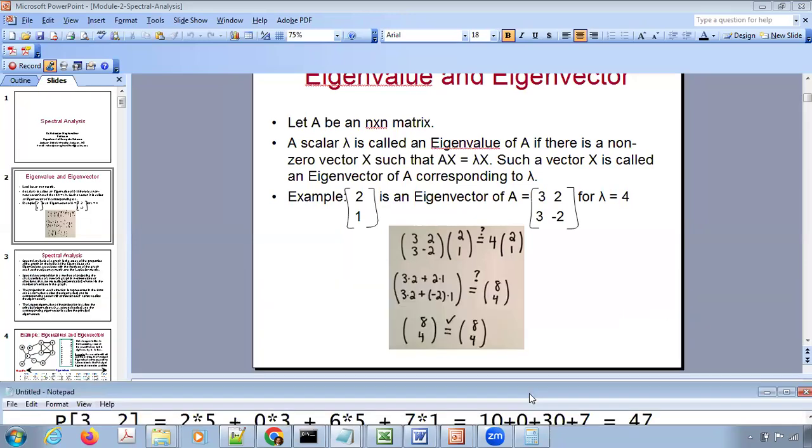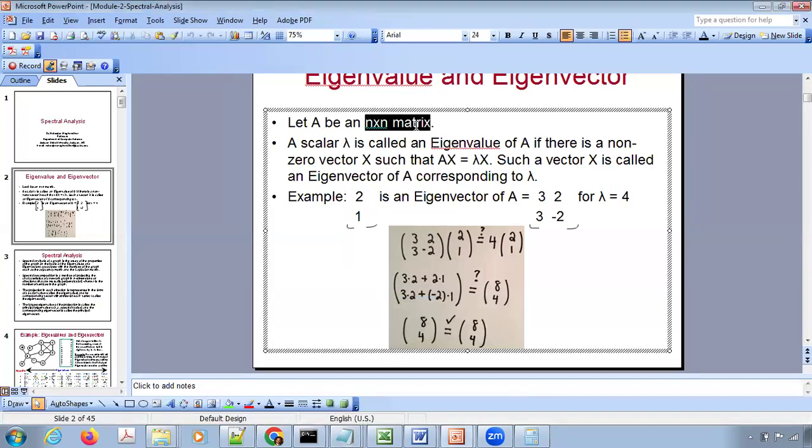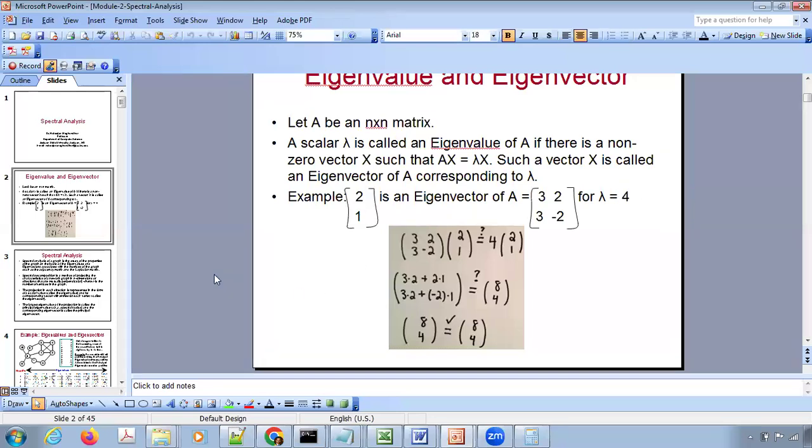I was trying to bring this up to showcase the property of eigenvalues and eigenvectors of a matrix. For any square matrix A of dimensions n by n, you have n eigenvalues. So if you have a 4 by 4 matrix, you're going to have 4 eigenvalues, and for each eigenvalue, you have a corresponding eigenvector. Like in this case, this 4 is the eigenvalue, and this 2, 1 is the corresponding eigenvector.